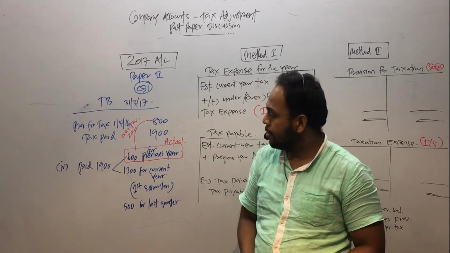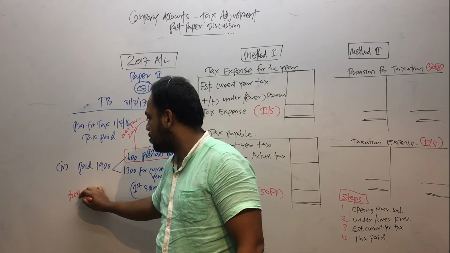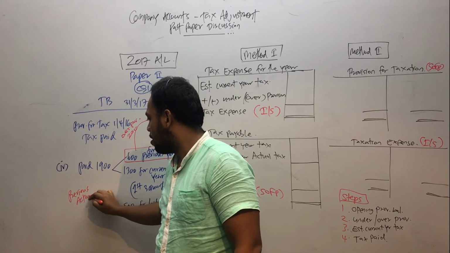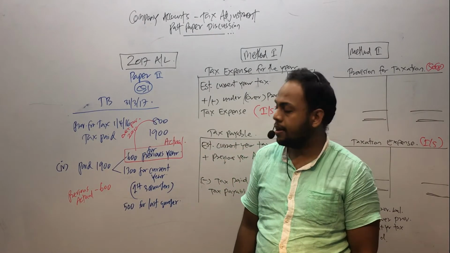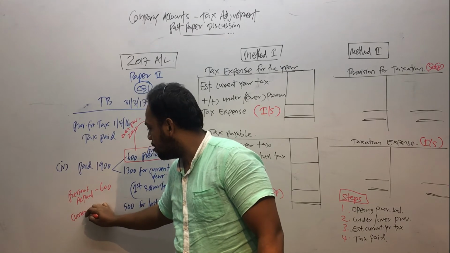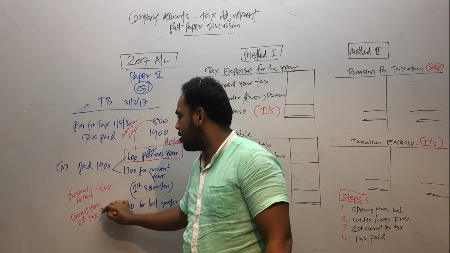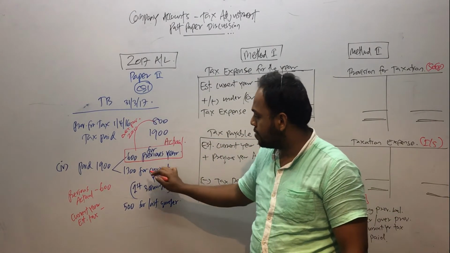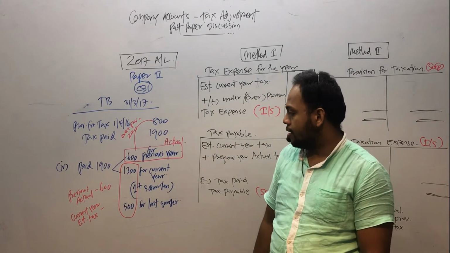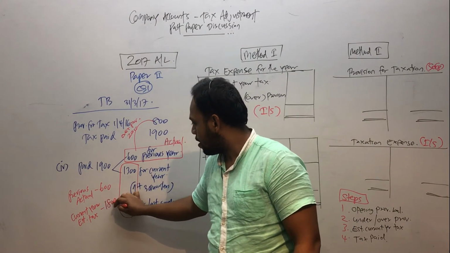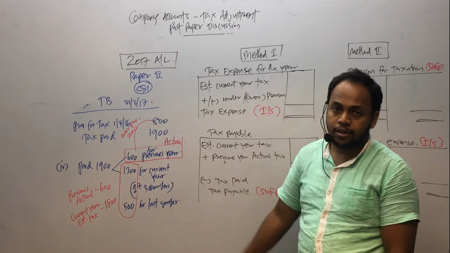So we calculated the previous year actual tax, which is 600. We need that. And we need the current year total estimated tax. That is 1300 paid, and 500 we made a provision for. So total 1800. Right? If you have these 4 pieces of information, you can do the working.